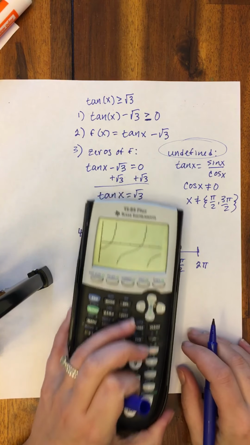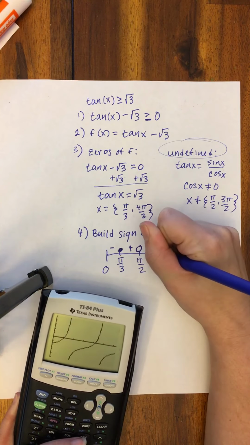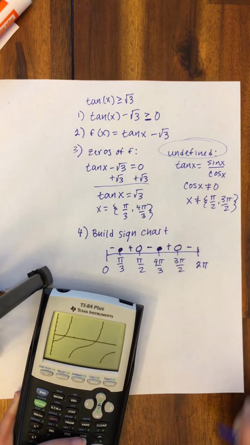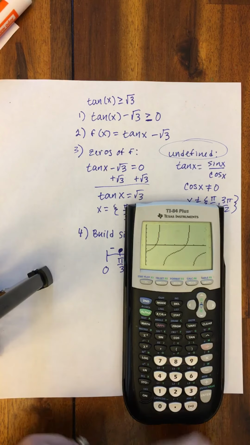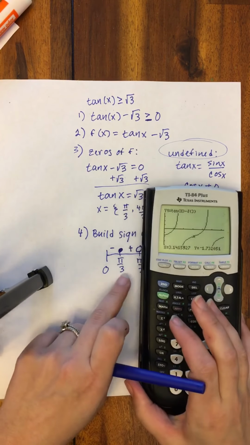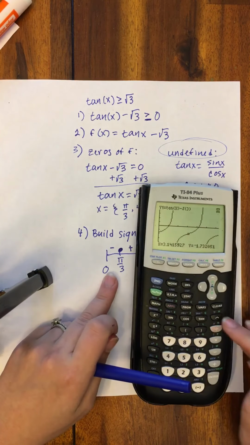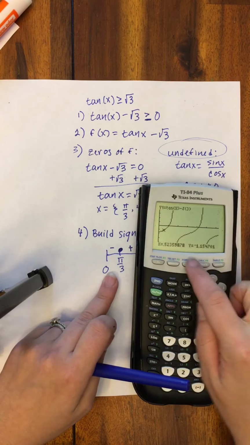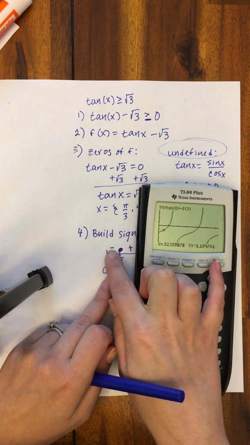I'll show you another way to figure that out, but I'm going to put these in. So I said negative, positive, negative, positive, negative. Another way we could do it is by test values. So if you hit trace, you'd have to test something smaller than pi over 3, so maybe something like pi over 6. So we type pi over 6 in. See the y value that pops out here is a negative number, so I would know to put a negative there.